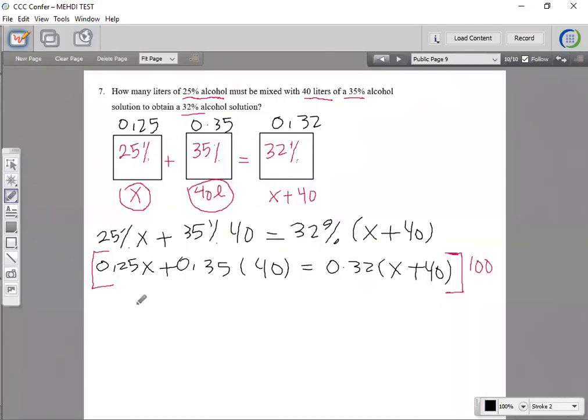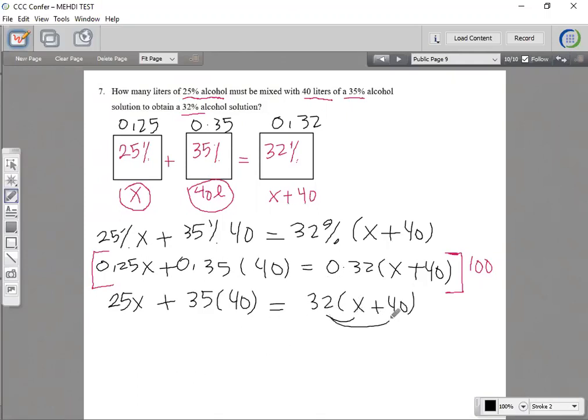We could deal with decimals if you wanted to, but I'm going to move the decimal. So if I multiply the first term by 100, I get only 25x, no decimal there. Multiply the second term by 100, I get 35 times 40. You notice I only multiply 0.35 by 100. And the last term, I multiply 0.32 by 100, I get 32 times x plus 40.